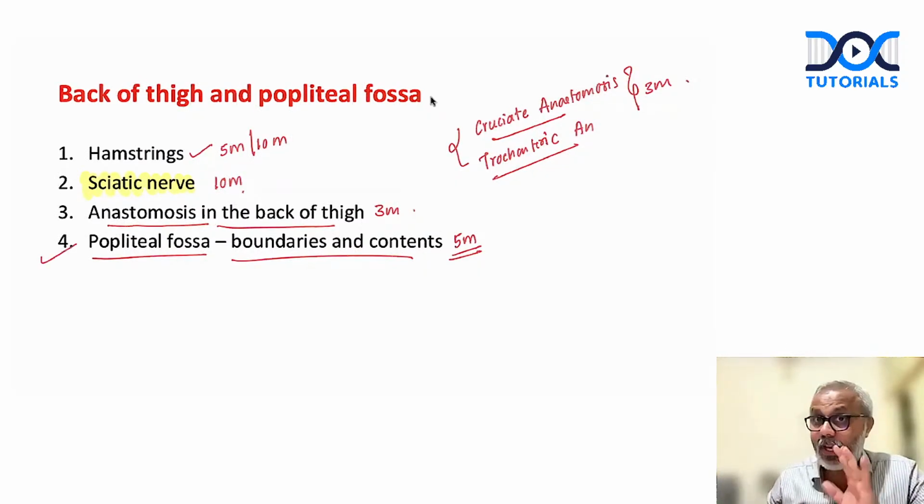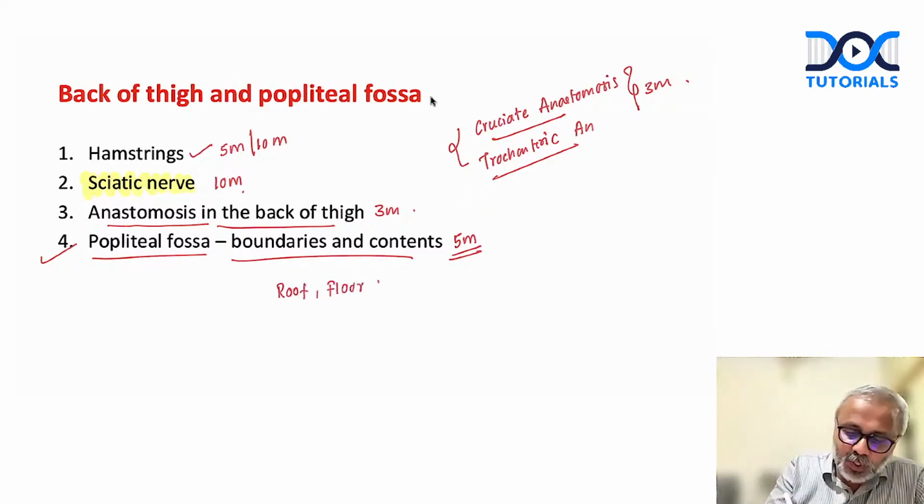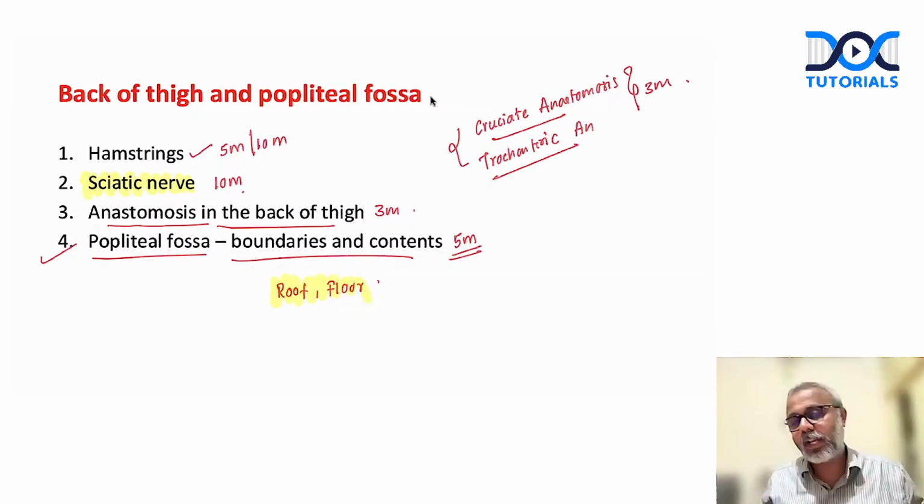Popliteal fossa. Remember, for any fossa, any triangle that is asked in the body, the 2 boundaries that we often miss are the roof and the floor. So when we get questions on the triangles of the neck, femoral triangle, cubital fossa, popliteal fossa, anything, we get excited, we write all boundaries and we happily forget the roof and the floor.